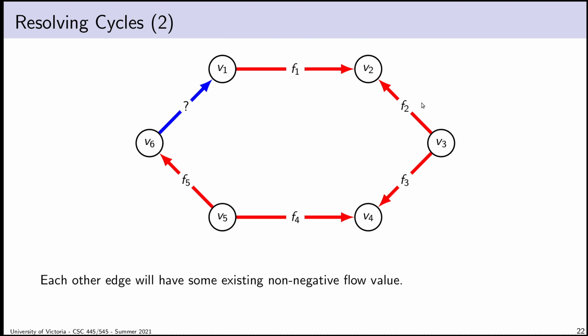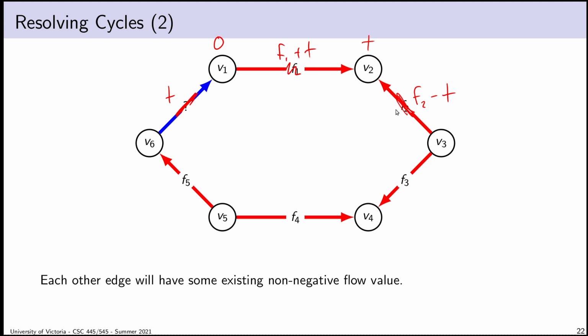But in this case, we're sending flow in the reverse direction. If I want to send t units of flow to V3, I'm sending it in the wrong direction across the arc. So what I'm really doing is saying to V3, please don't send me this number. Send me fewer units of flow. So really what I'm doing is changing the flow across this edge to be F2 minus t.